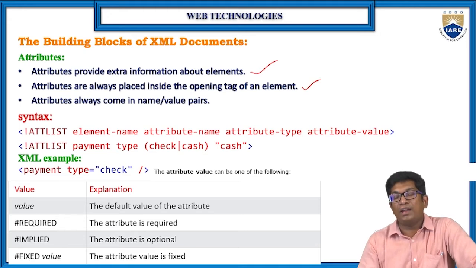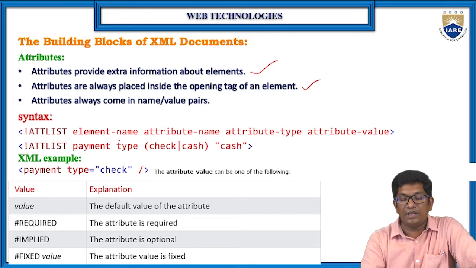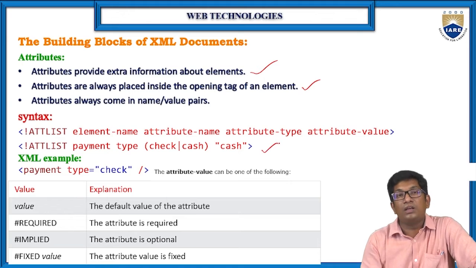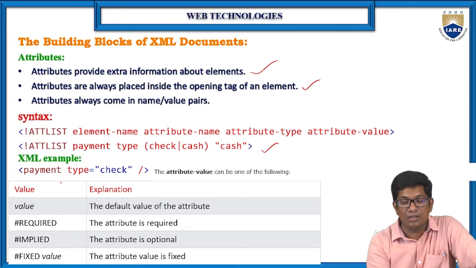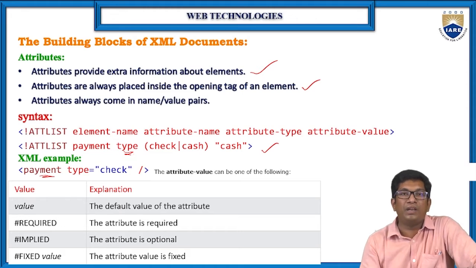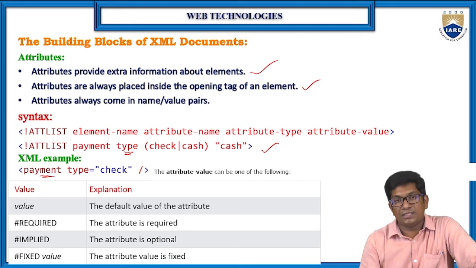The syntax of an attribute in DTD is ATTLIST, element name, attribute type, attribute value. A simple example: ATTLIST payment, where payment is the element name and type is the attribute name. You are paying the payment either by cash or by check.